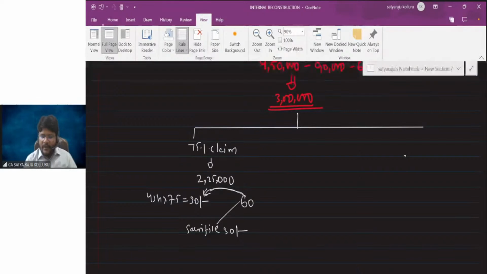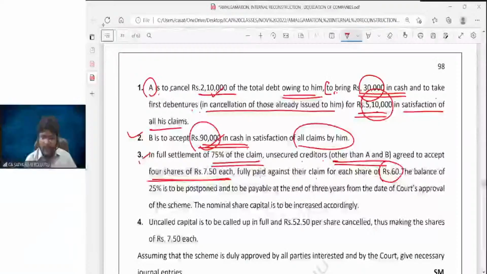Simply, out of the trade payables of 2,25,000, 50% was sacrificed, and for the remaining 50%, they are expecting equity shares. Each equity share value was 7.50. That is the point he is conveying up to this.